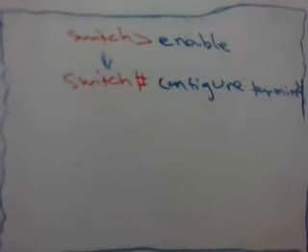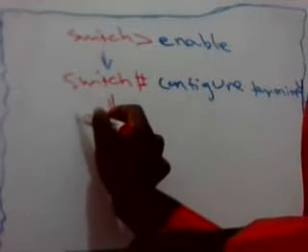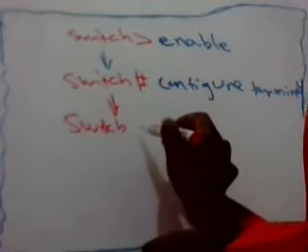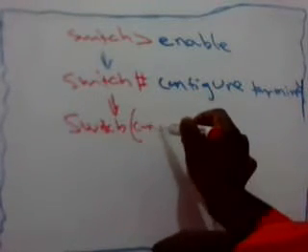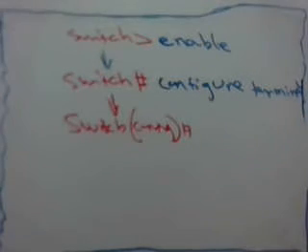When I enter that command and I press enter, it will move me to a mode called global, which is switch open bracket config hash. That's how we can access these modes on the switch.